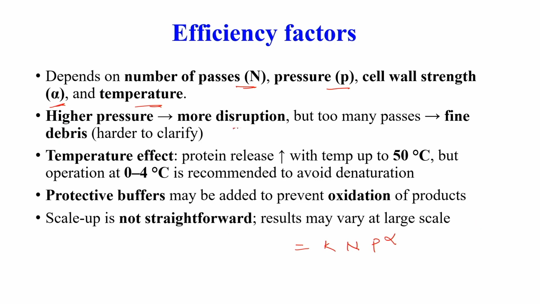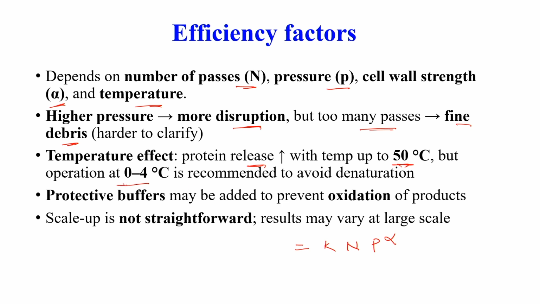So, if you go for high pressure, you will result in more disruption, but if you go for too many passes, you may end up with fine debris which will be hard to separate or clarify. Temperature effect: if you increase the temperature, the release will increase, up to a certain temperature.